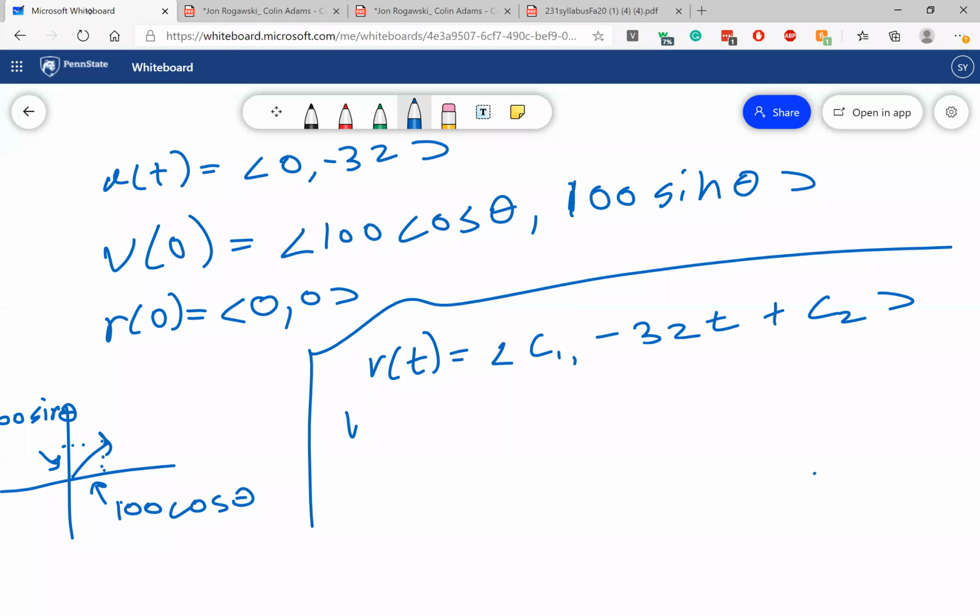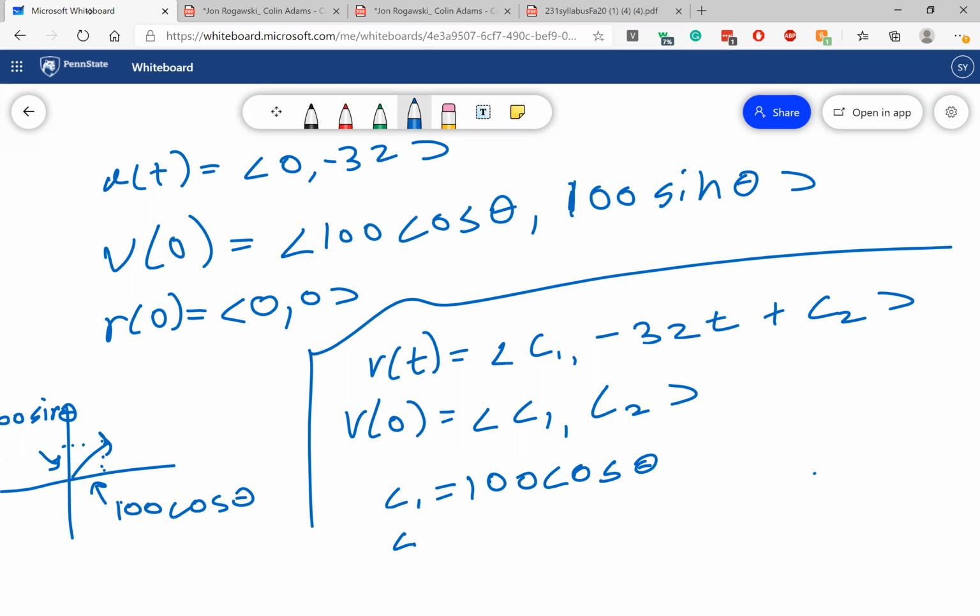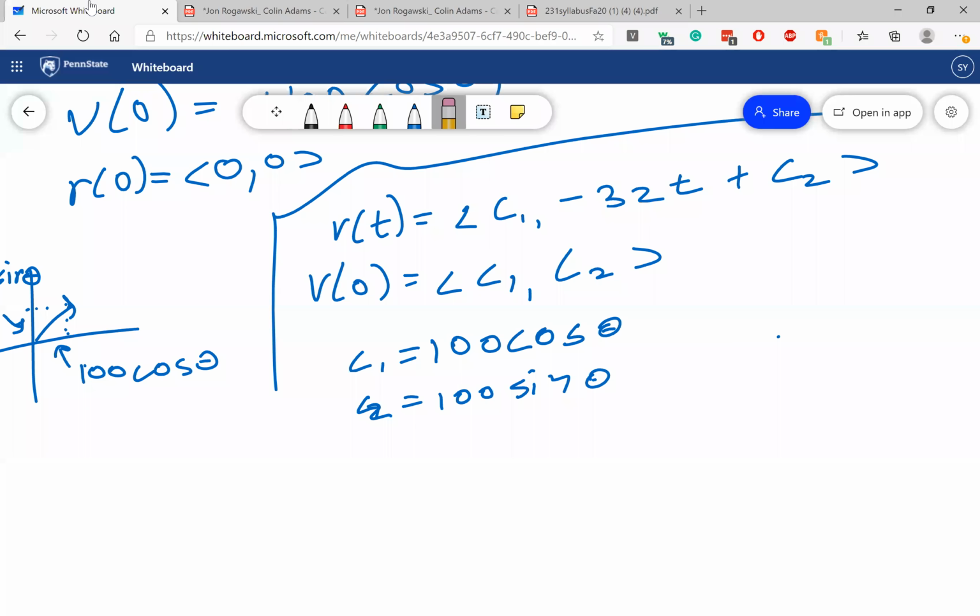And so for v(0), we have that this is going to be c1, c2. So now we know that c1 is equal to 100 cosine theta, and c2 is equal to 100 sine theta. So we can plug it in.